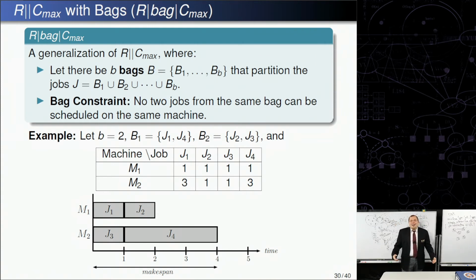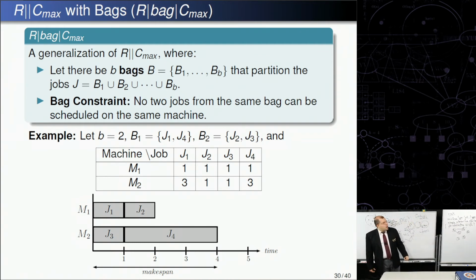Why? Because that would violate the bag constraint, right? So what do we do? Well, job 4 or job 1 has to take the 3 time units. Otherwise, we're going to violate the bag constraints. So we're going to have to push around job 2 and job 3 and job 1 and job 4. And we're going to end up with an optimal schedule where it has Makespan 4. Okay? So this bag constraint actually does change the behavior of the problem a little bit.